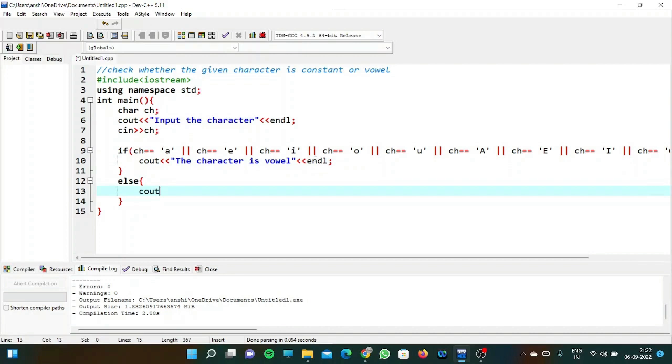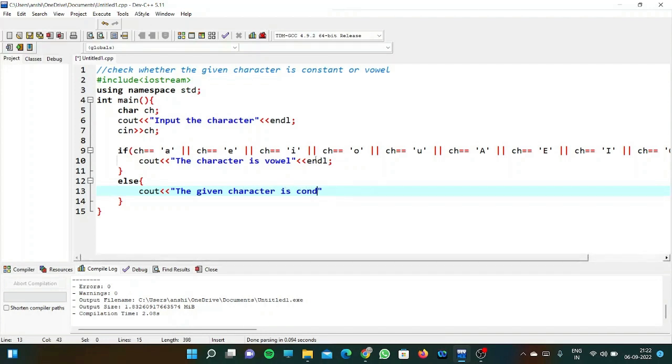Else cout the given character is constant.